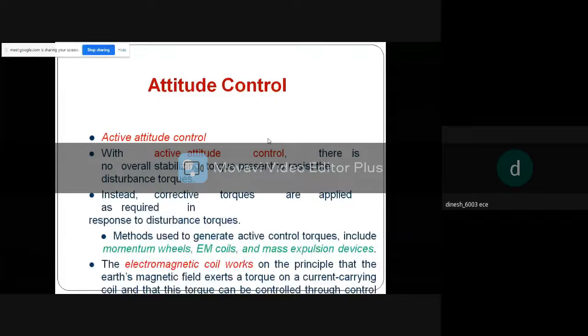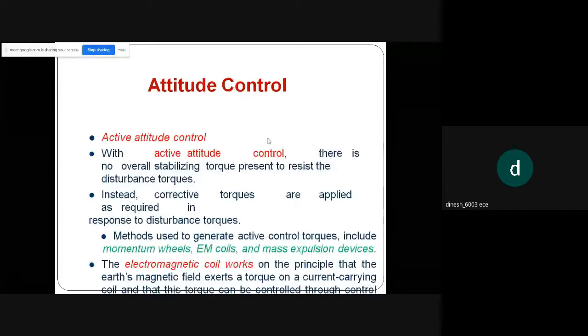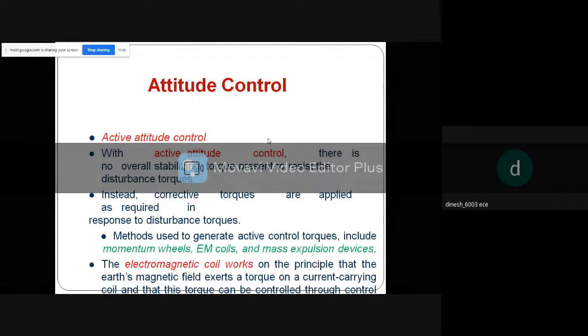So the examples are momentum wheels, electromagnetic coils, and mass expulsion devices. So that plus 2 degree, in east or west or north or south as an example, can be adjusted or stabilized by using any of these three methods or control torques.